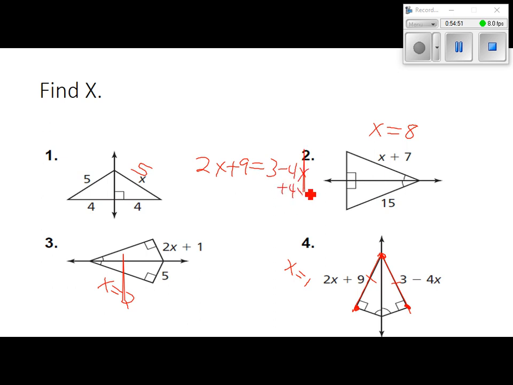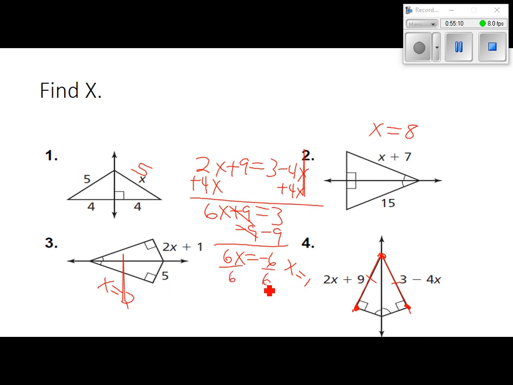Add 4x, so 6x plus 9 equals 3. Minus 9. What do you get? So 6x equals negative 6. So we were a little off. What's that give us? X equals negative 1, right? Is it all right for x to be a negative 1? Yep. It could be anything.